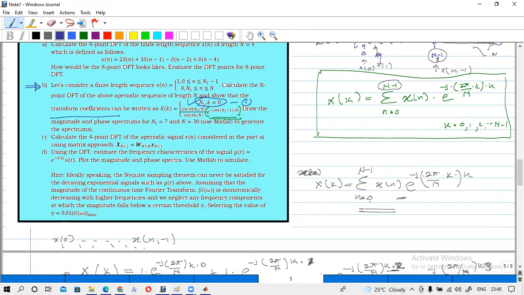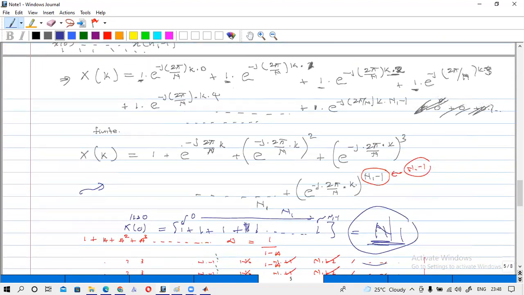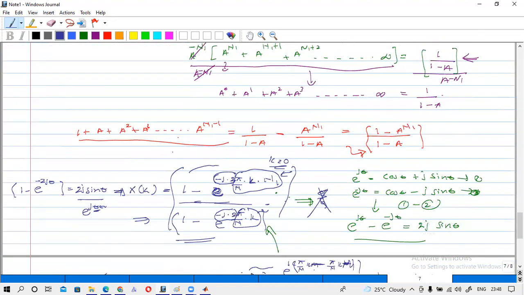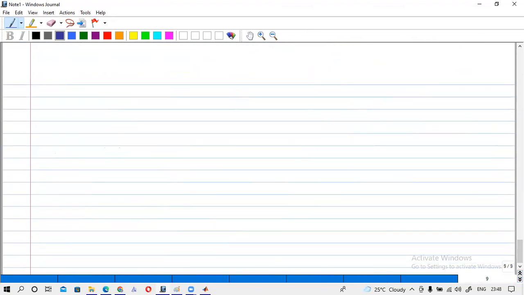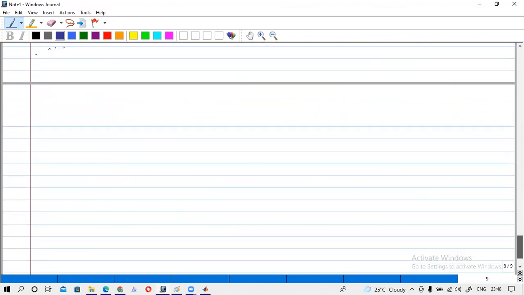Now we are asked to plot the magnitude and phase spectrum. I think you have the idea about this magnitude and phase spectrum. That is not a big concern, because we can calculate x0, x1, x2, likewise up to xn.